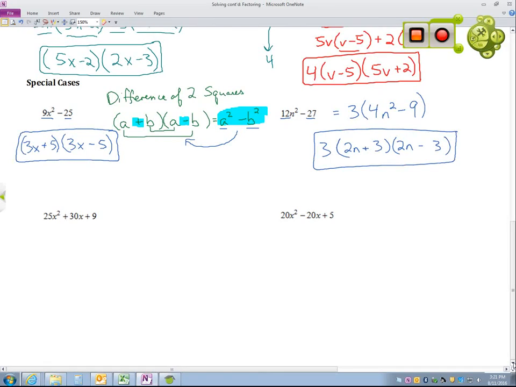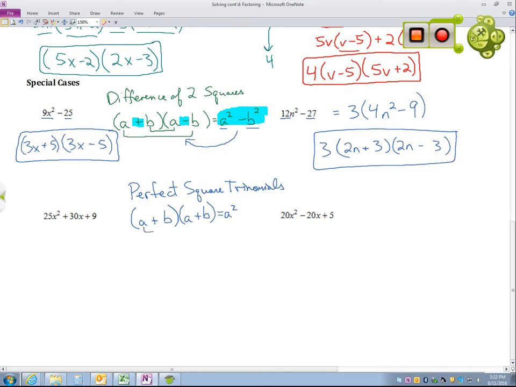Okay, these last two are both perfect square trinomials. A perfect square trinomial, here's another formula that you're going to want to remember because it makes factoring much easier. If we were to multiply a binomial by itself, and again, this is a generic case here with a and b, our first terms, our product would be a squared.